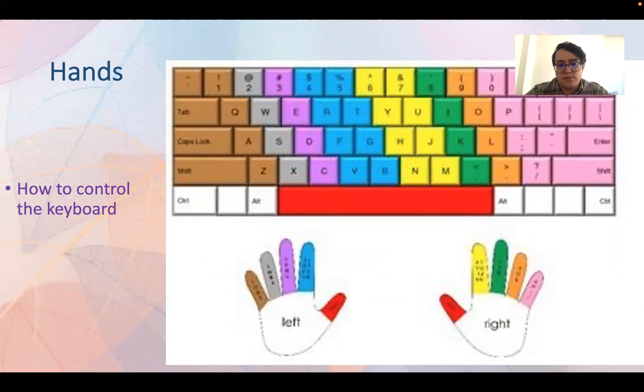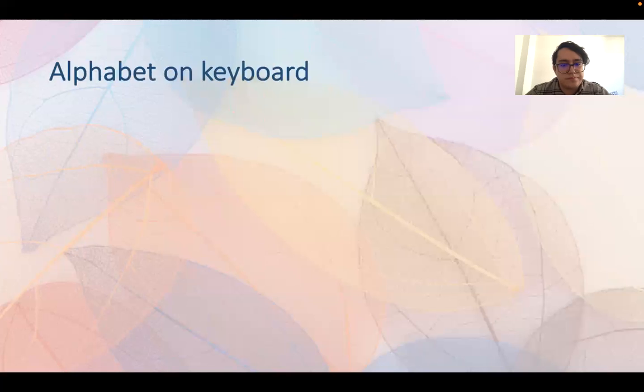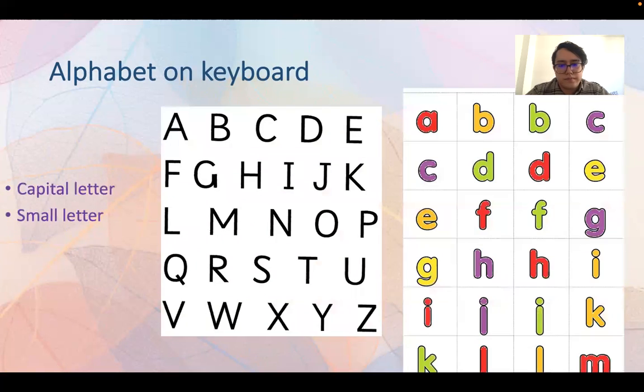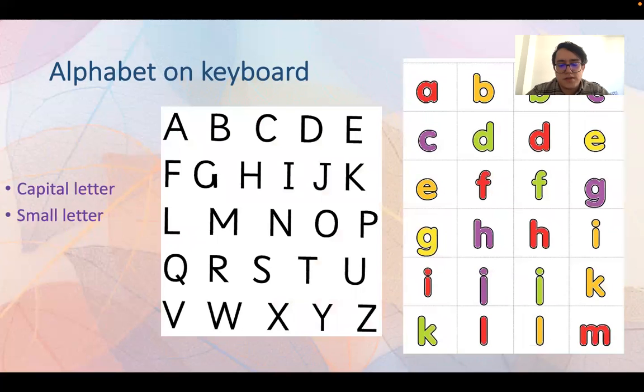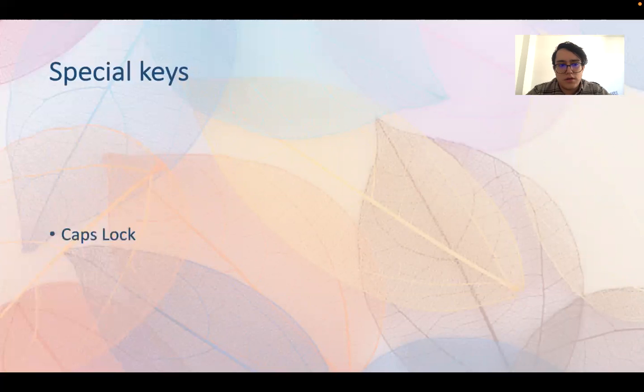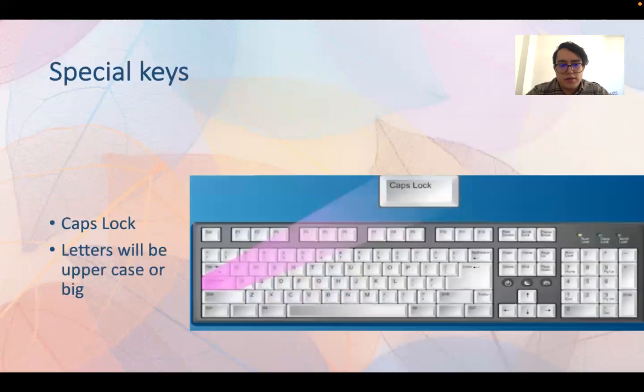You can see, based on the color, the left hand and right hand, pinky and all your fingers, where to place them based on the color of the keyboard and the color of your finger in this picture. So you can follow that. This is again details about capital letters and small letters, and some details about special keys.